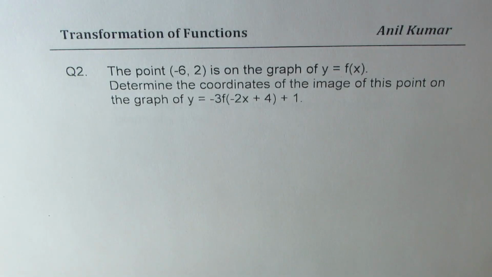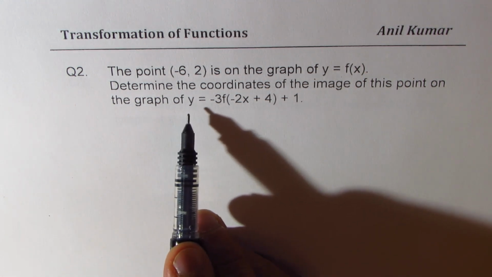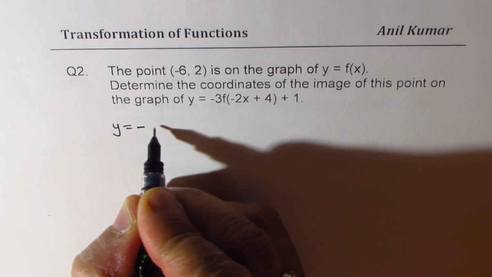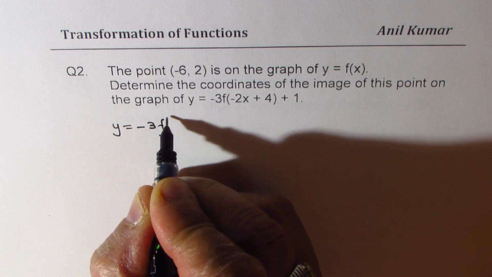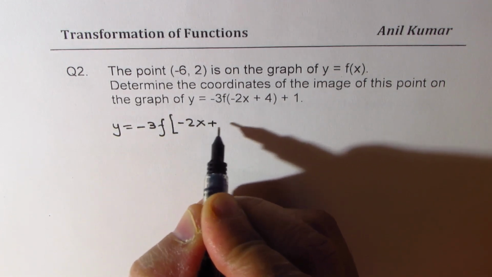So that is how you do question number 1. So let's move on to question number 2. The point (-6, 2) lies on the graph of y = f(x). Determine the coordinates of the image of this point on y = -3f[-2x + 4] + 1. Let's rewrite this function.